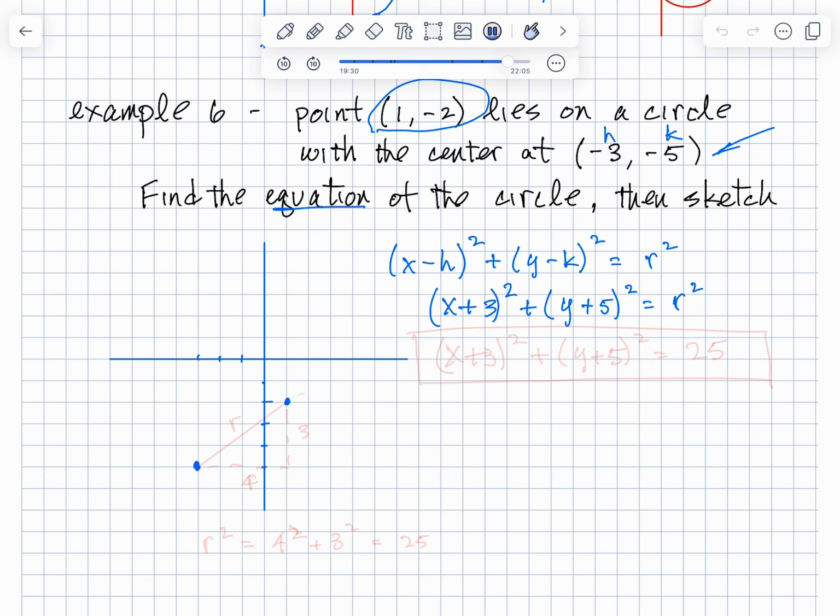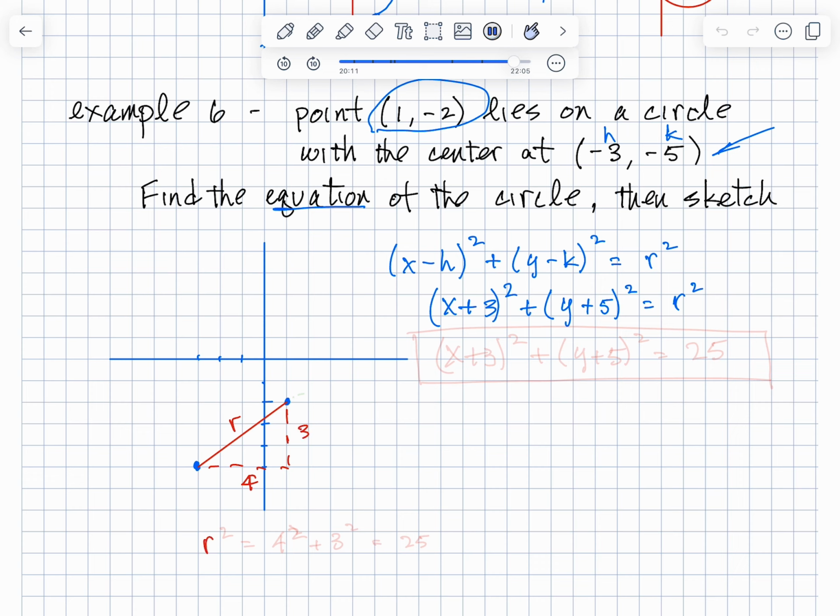Well, we know that the point 1, negative 2 lies on the circle, so that has to be the radius. And so we can draw this here, and we'll call this r, the radius, and now we need the dimensions of that. Well, the easiest way is just kind of do our Pythagorean, make it a right triangle. And dimension here is 4. Dimension here is 3.